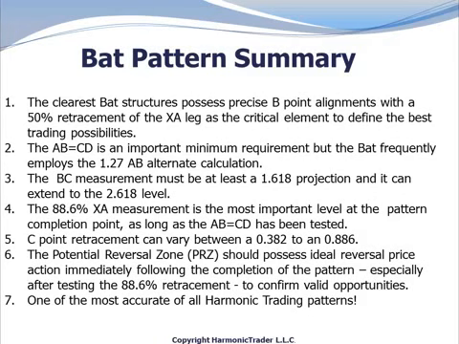Again, especially after testing the .886 retracement. This confirms the most valid opportunities. In my opinion, the bat pattern is one of the most accurate of all the harmonic trading patterns. And really, the .886 is actually one of the strongest harmonic ratios we have within our trading arsenal.